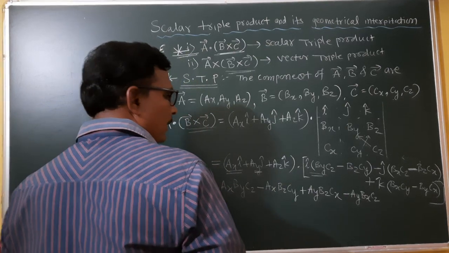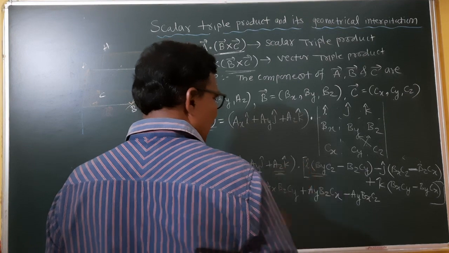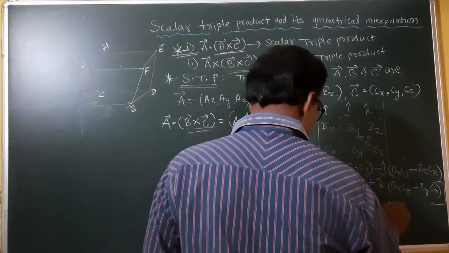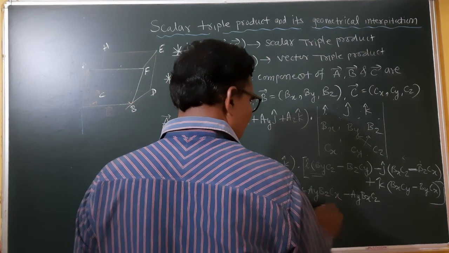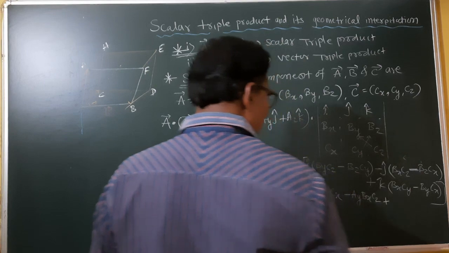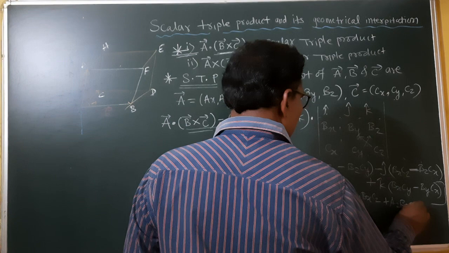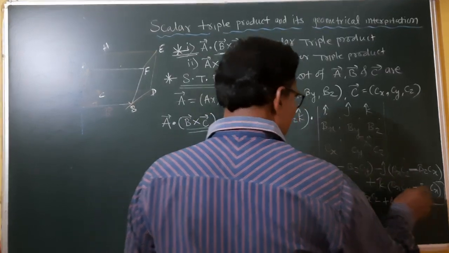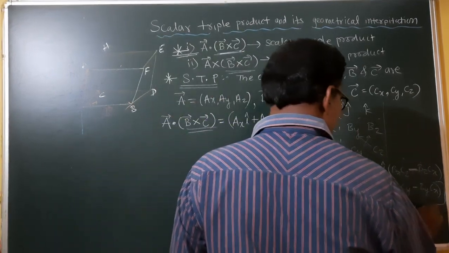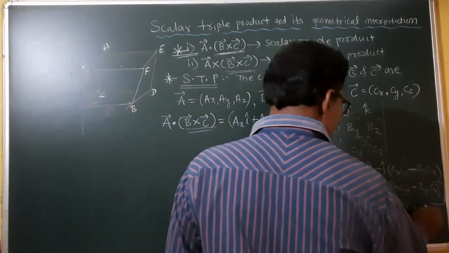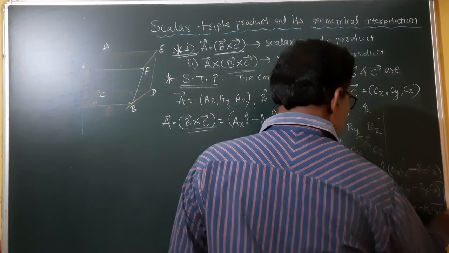This is the multiplication of the second, and the last one is multiplied by k. What we get is plus az (bx cy), and k dot k is 1, and minus az (by cx).